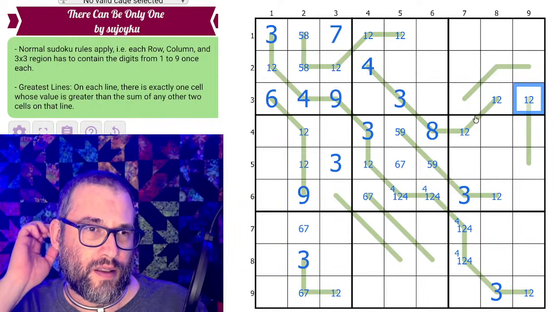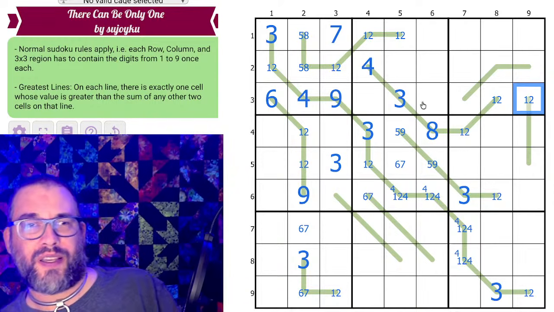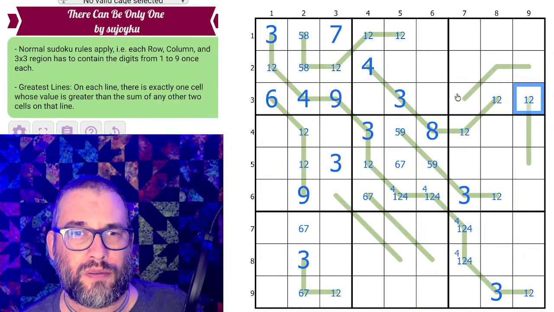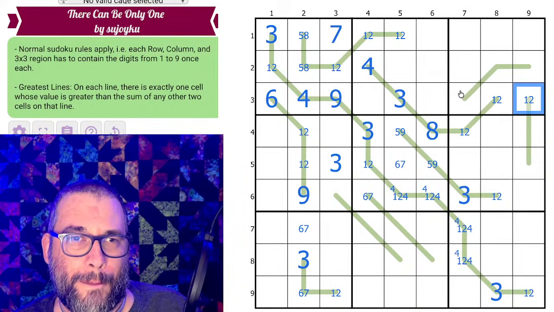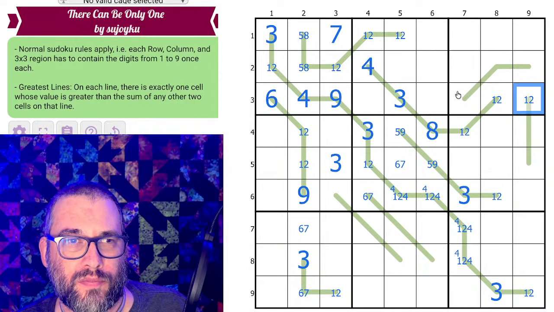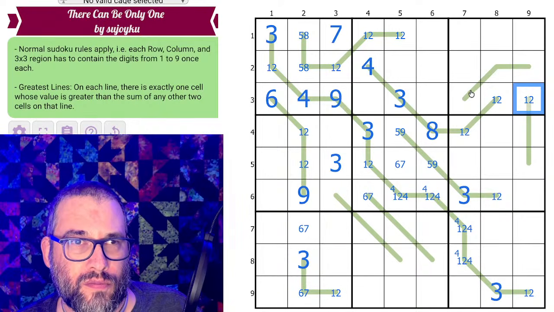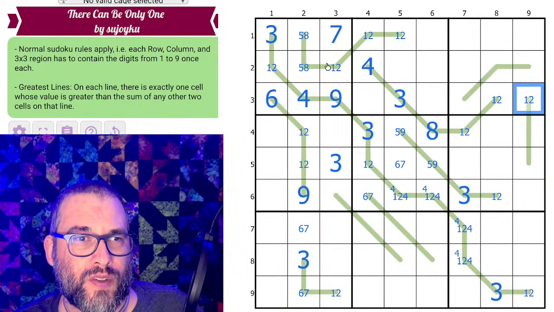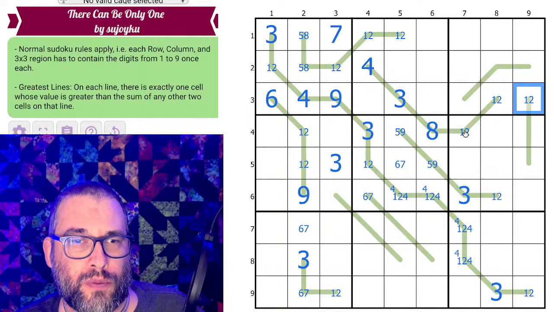I think David wanted me to place this 1, 2. Let's see. 1, 2, 1, 2, 1, 2, 1, 2, 1, 2.